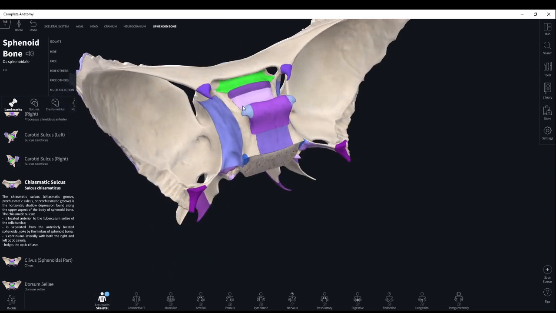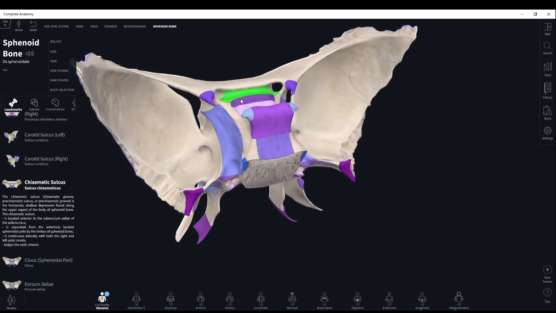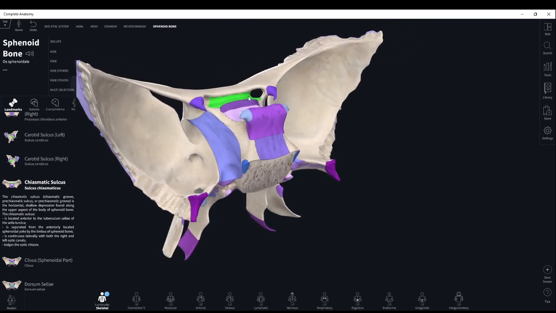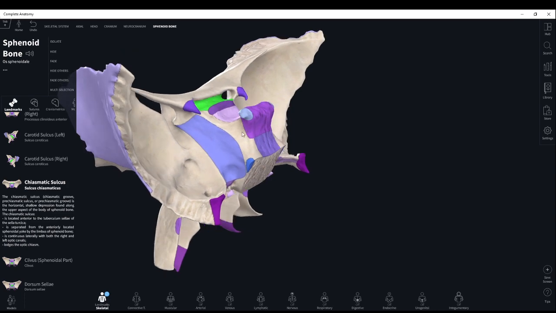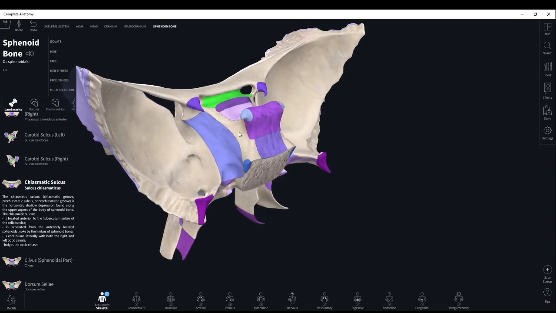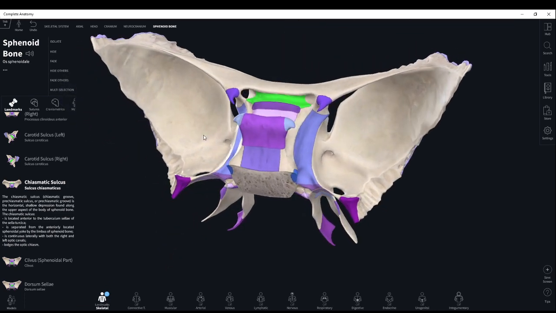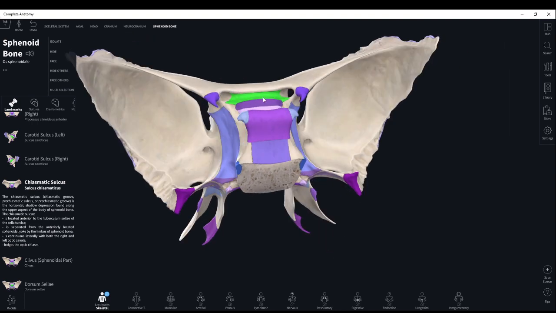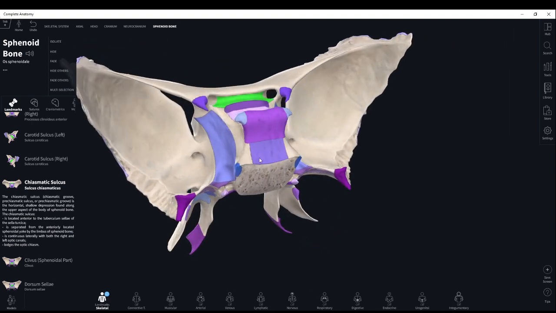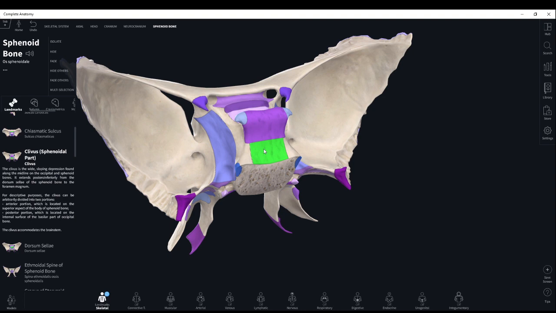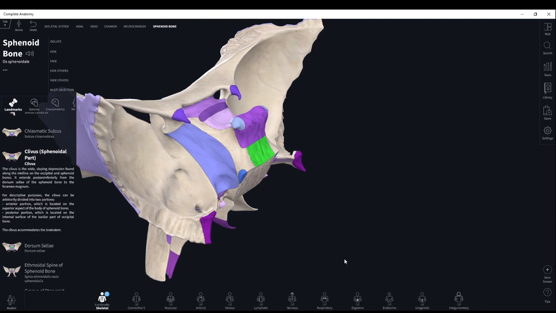Anterior to the tuberculum sellae and separate from the anteriorly located sphenoidal yoke by the limbus of the sphenoidal bone, is the place of decussation of the optic tracts. Behind the sella turcica, you can see the clivus of the sphenoidal bone, which continues to the clivus of the basilar bone.